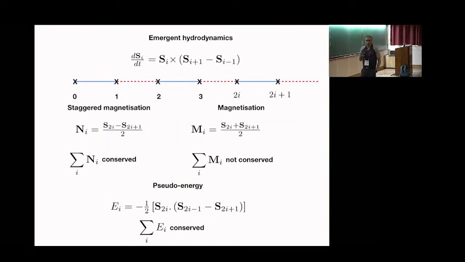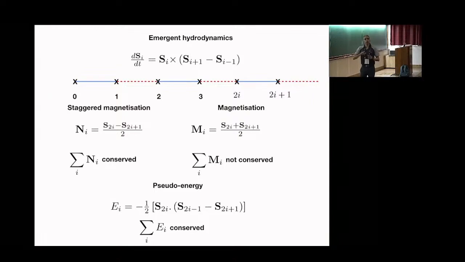So as I told you, the Heisenberg model displays diffusion in the conserved quantities. And we've identified conserved quantities for our model. So one obvious question to ask is whether there's any diffusion in these conserved quantities.